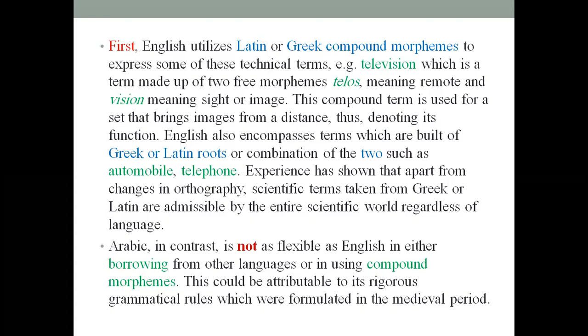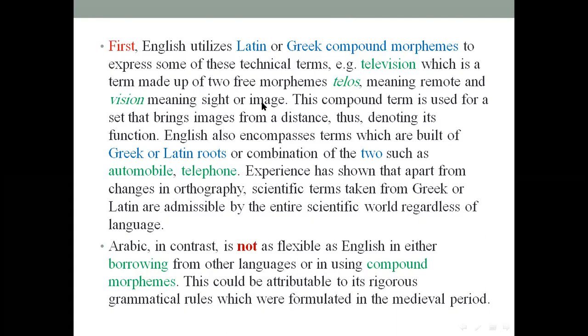For example, look at the word television. This word is borrowed from Latin or Greek origins. It consists of two main morphemes, as you see, tele, which means remote or distance, and the second one is vision, which means sight or image.